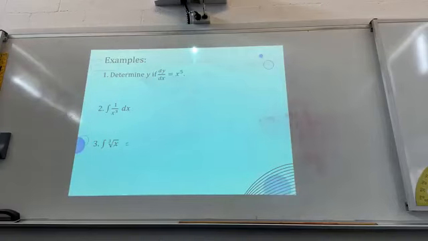All right, now, can you try the first one? Determine y if dy/dx equals x to the power of 5. There has to be a dx at the end. All right, I've forgotten to type the dx in.